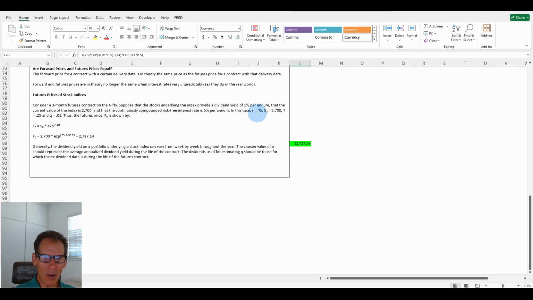In this case, R is equal to 0.05, S of O is 2,700, T is 0.25, 3 months, Q is the dividend yield, and thus the futures price F of O is equal to 2,700 times EXP of (0.05 minus 0.01) times 0.25, which equals 2,727.14. That would be the Nifty value as of today.